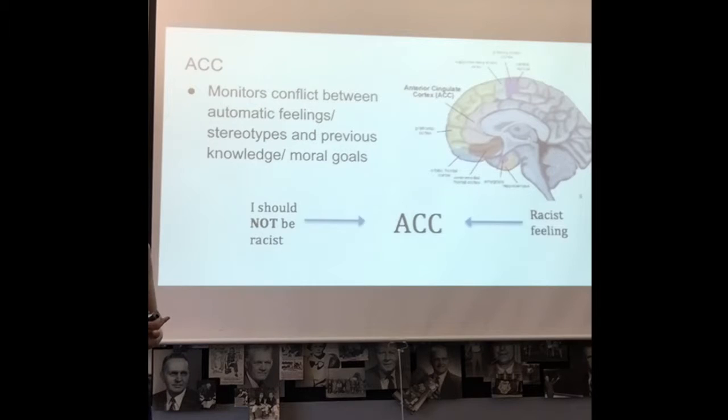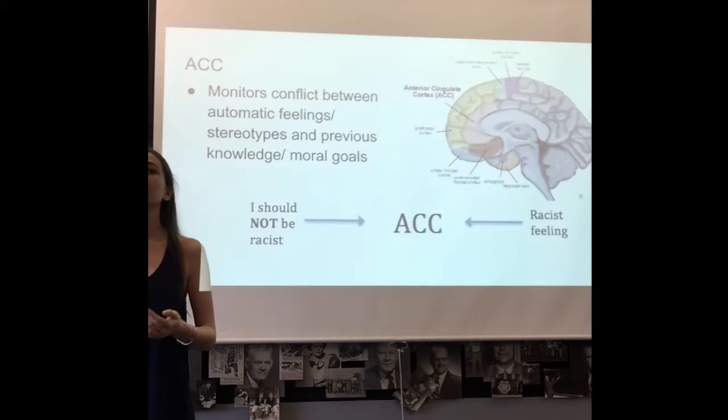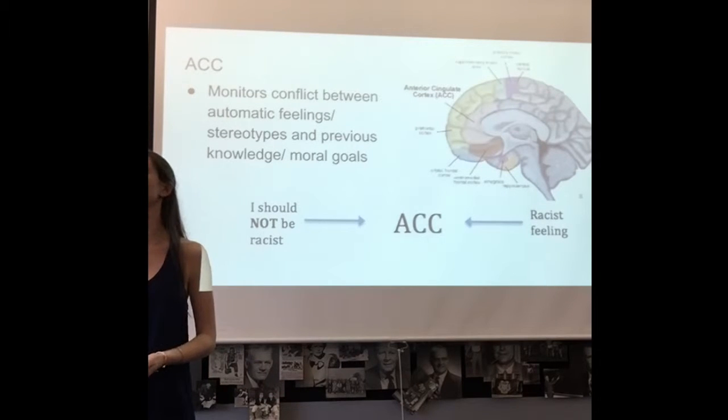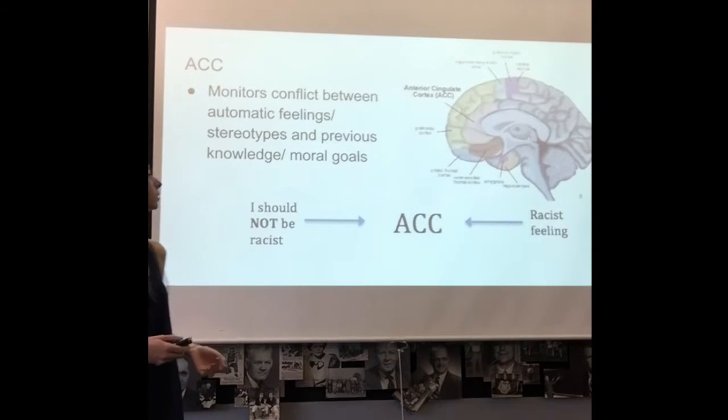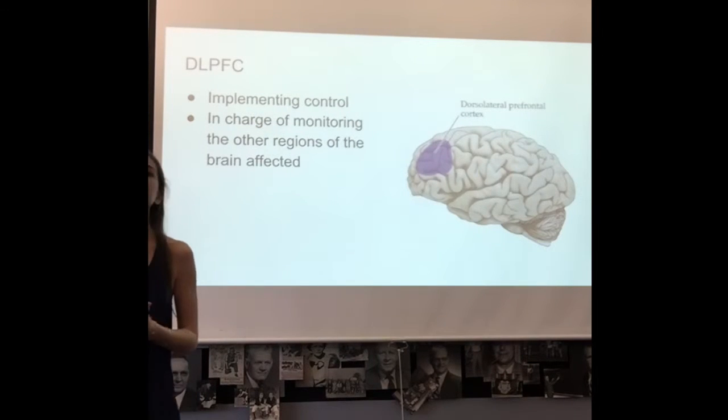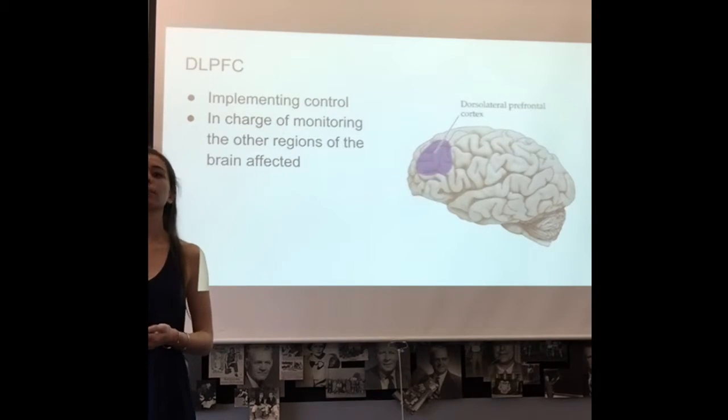So in studies of racism and biases, it's monitoring this conflict between an instinctive stereotype and the pre-existing knowledge and societal goals to not be biased and to not be prejudiced. The last region is the DLPFC, and the DLPFC is responsible for implementing control. It's in charge of executive function.